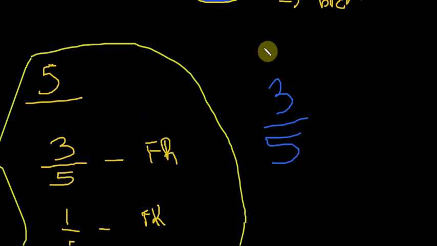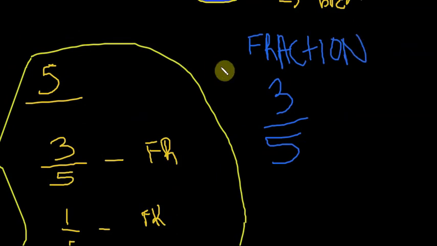This is a fraction. What do we learn from a fraction? We learn right away that a fraction has two numbers and a line. These are the numbers 3 and 5 and a line.